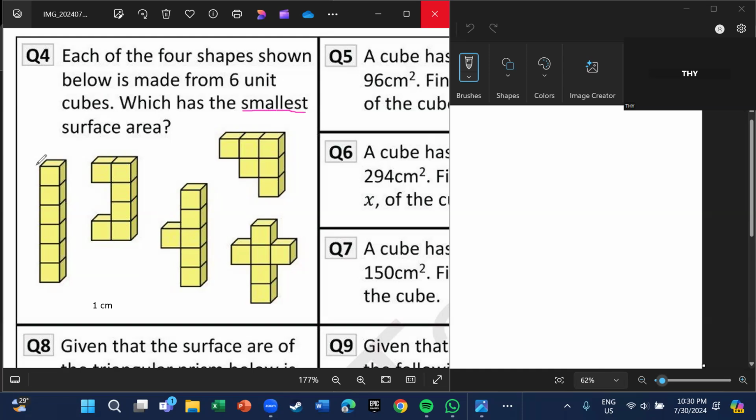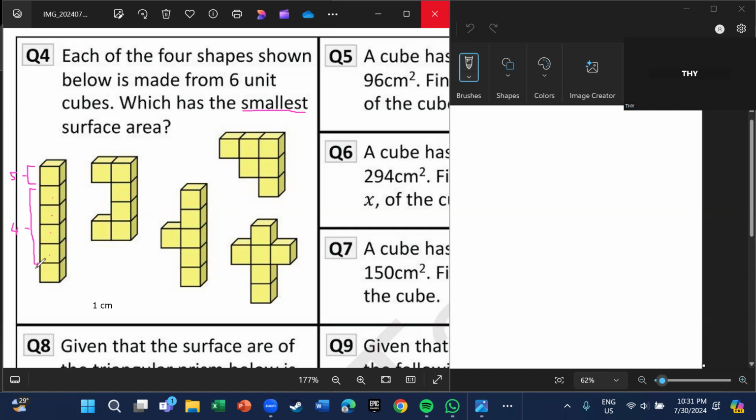So the top part here, we all know that the cube has 6 faces, right? This one is clearly blocked, so this top part only has 5 faces. This whole stretch here, which is about 1, 2, 3, 4, has 4 faces.